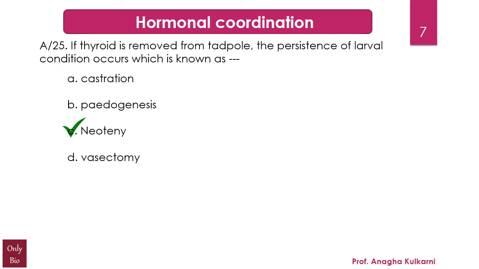So the sexual maturity of an organism still is in the larval stages. Neoteny is also at times called juvenilization. It is the retention by adults in a species of traits which are previously seen only in the juveniles. And vasectomy is nothing but the surgical removal of the vasa deferentia.